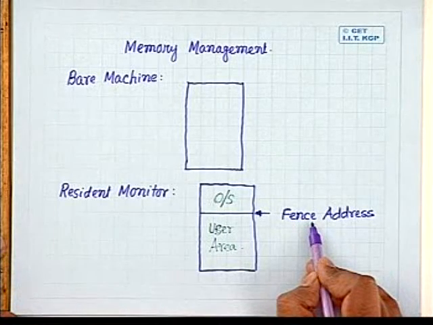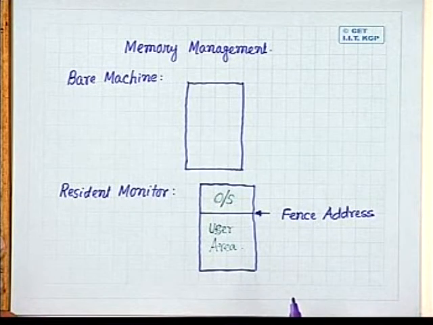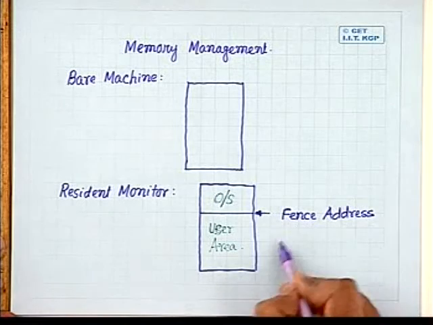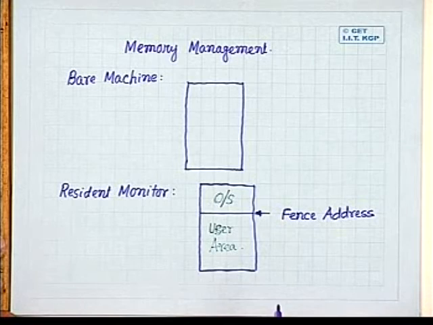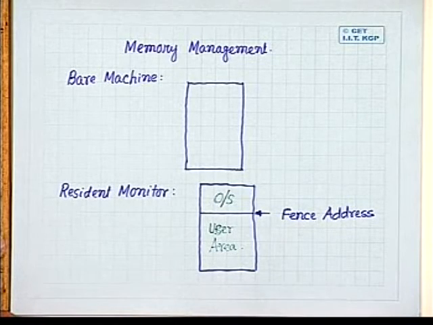One is software: I can write a small program so that whenever the user program tries to access memory, a part of the software compares this address with the fence address. But in that case, the process will be very slow because the comparison has to be made by software. The other option is to go for a hardware comparator.